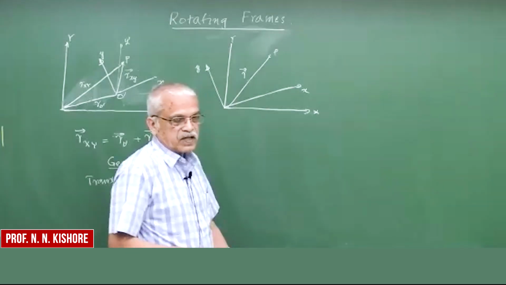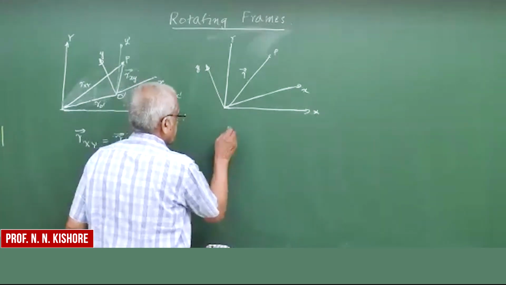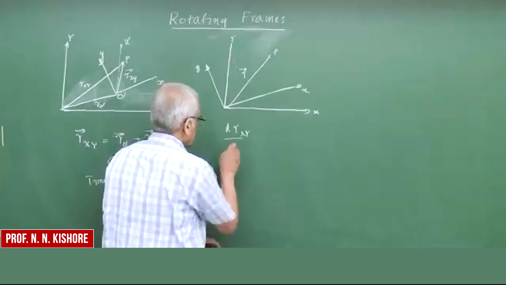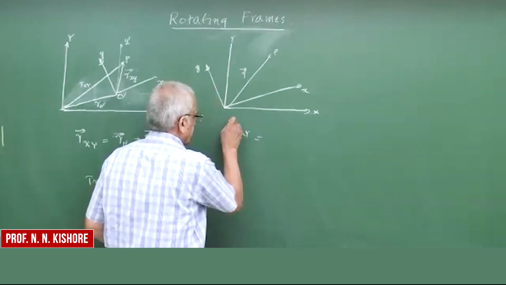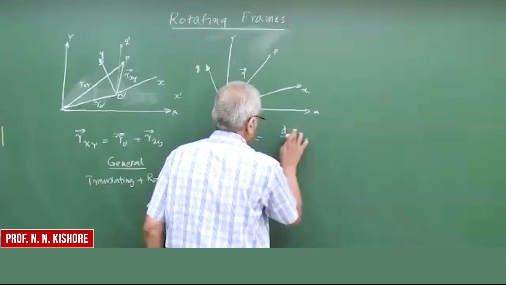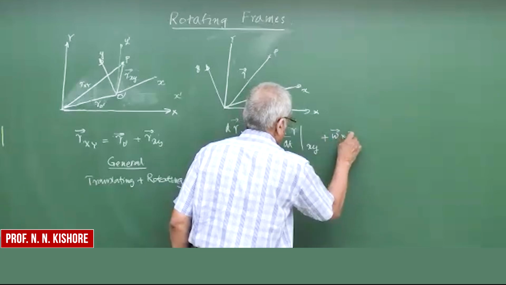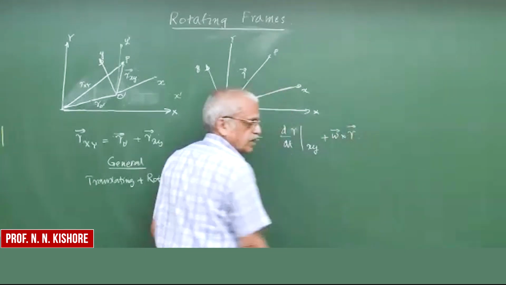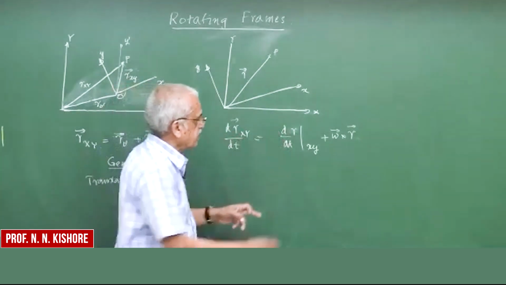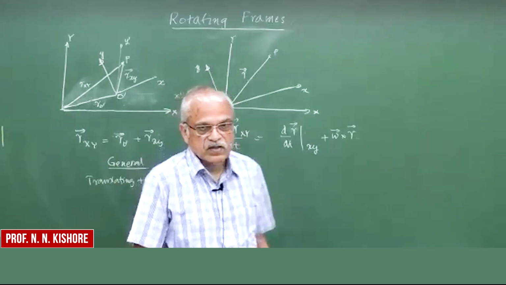But however, things get more involved when you have the velocities. So the velocities here, it's like this. So this is what it is: the time derivative with respect to the fixed frame is the time derivative as seen in the rotating frame plus a correction term, omega cross r, here.